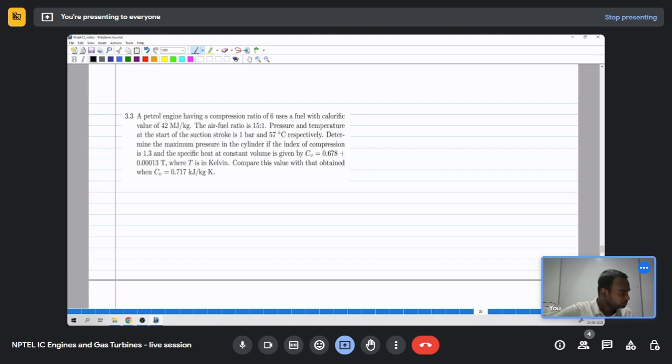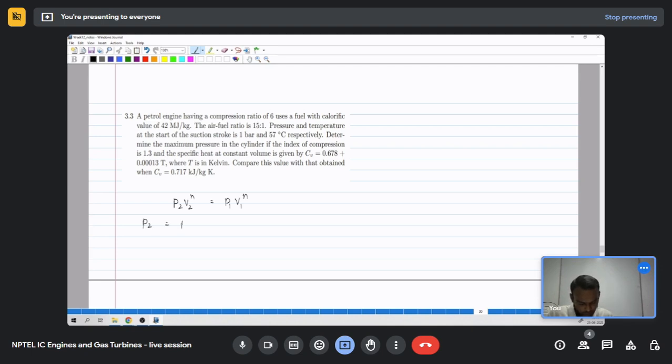Okay, so to start the problem, the first process is the isentropic compression. So that means P2 V2 power n is equal to P1 V1 power n. So P1 and V1 are known, 1 bar and 57 degrees Celsius, and P2 can be calculated.